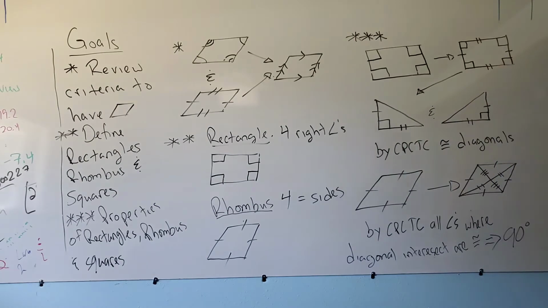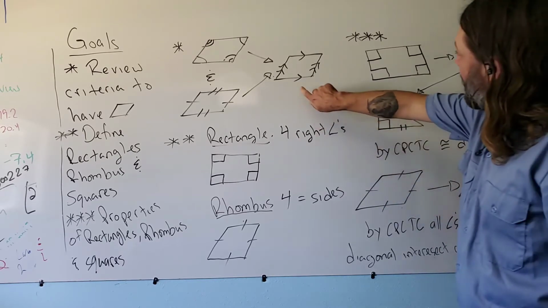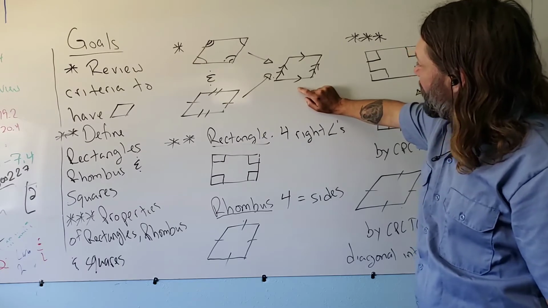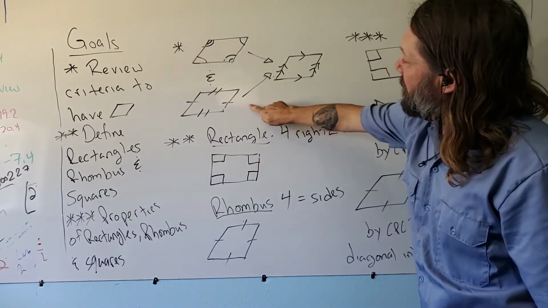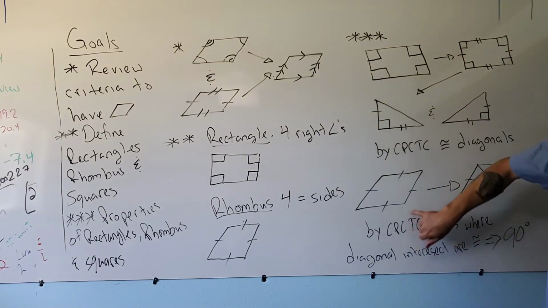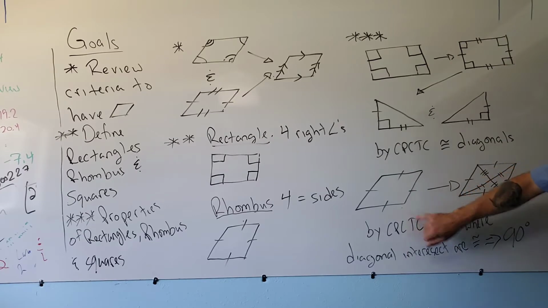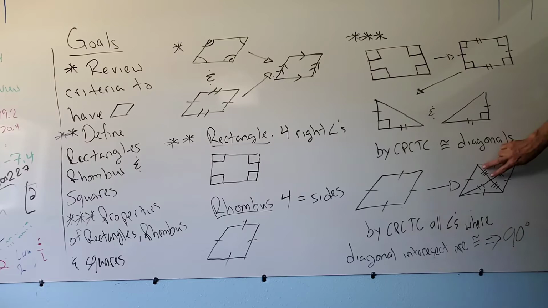Okay. Now, let's look here at a rhombus. A rhombus, remember, is a parallelogram because it has equal opposite sides. And since it has equal opposite sides, that means that the diagonals bisect each other, right? So this length is the same as this length, and so that diagonal got bisected.